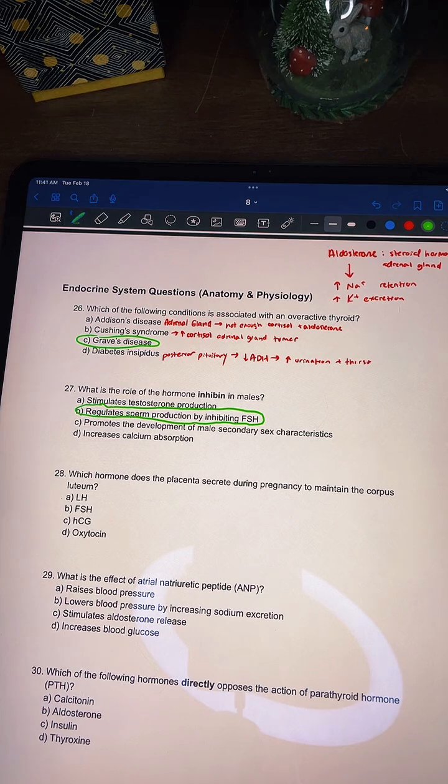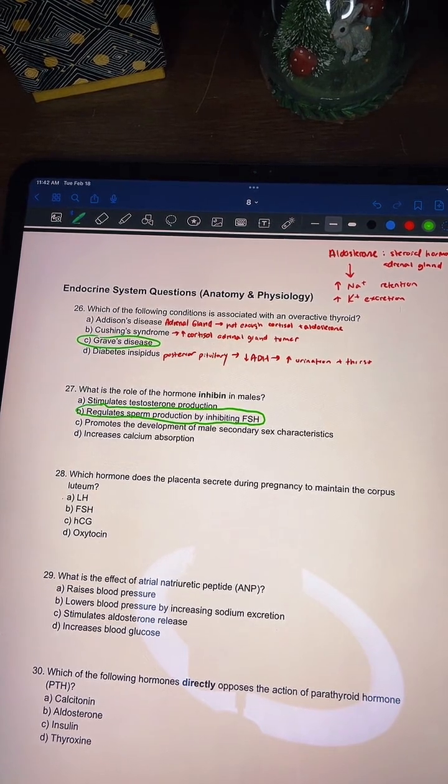I'm seeing a couple different answers here. I'll give you guys a couple more seconds. So again, which hormone does the placenta secrete during pregnancy to maintain the corpus luteum?